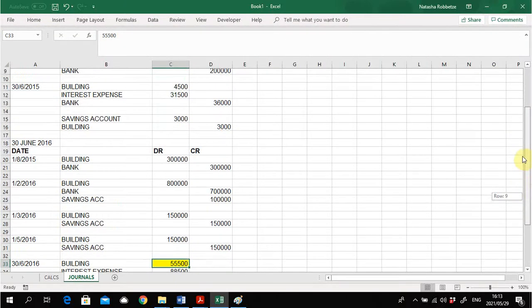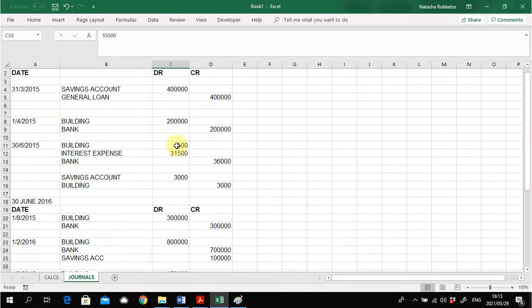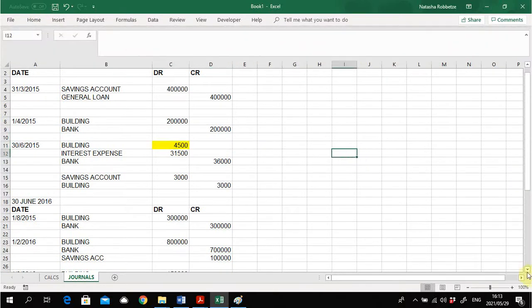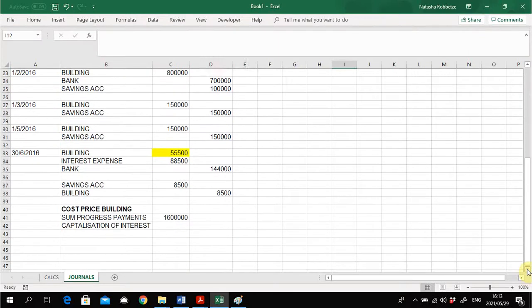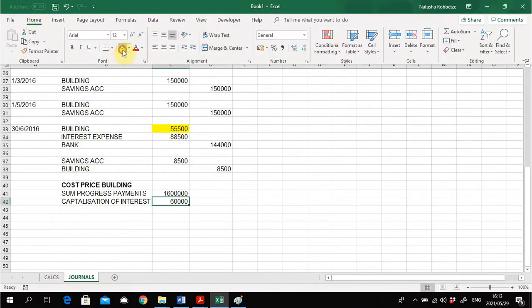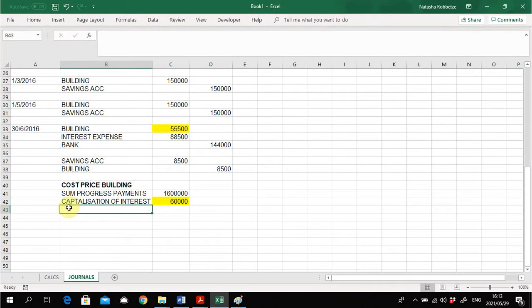And in the previous year, it was this 4,500. So it was the sum of the 4,500 and the 55,500. That gives us 60,000. Then there was also some interest earned that we had to deduct.